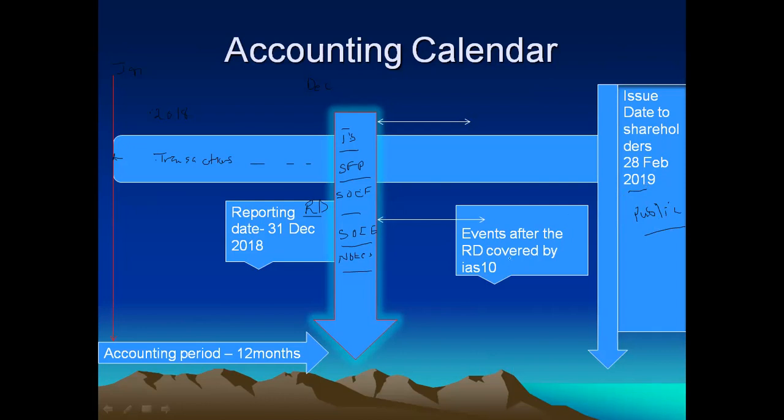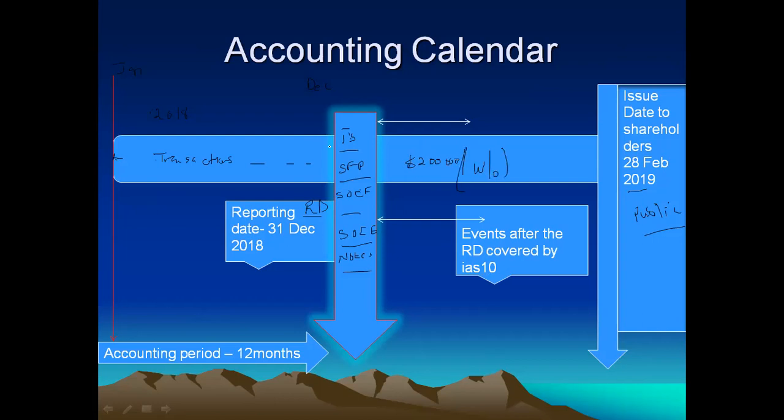Then what do we do with the events? Let's say we have a major customer. Our books indicate that this customer owes us $200,000, and is reported to be bankrupt. What do we do with this customer?